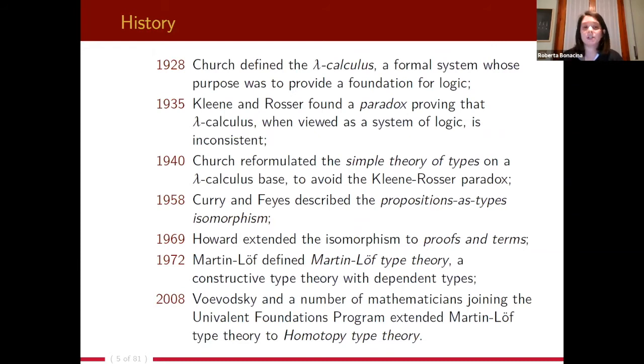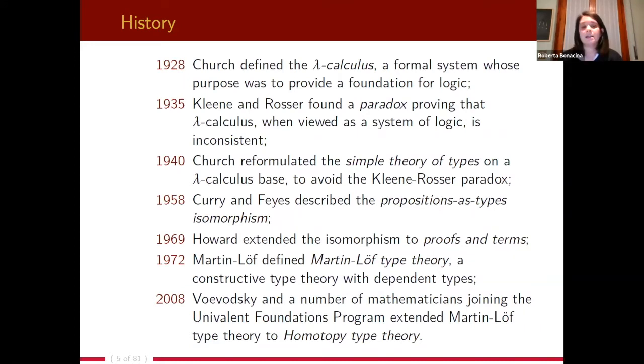So Church in 1940 reformulated his theory and introduced the simple theory of types, which is based on Lambda calculus again, but introduces the feature of types, which allows to avoid this paradox.